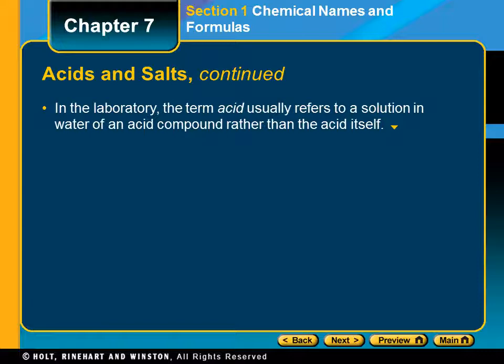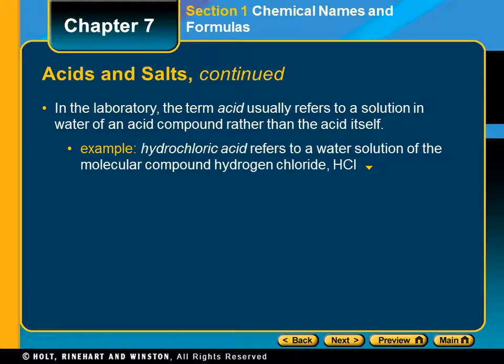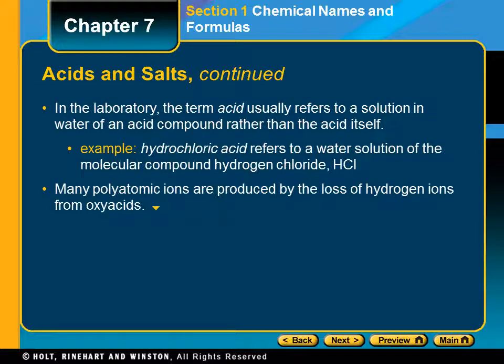When you're in the laboratory, in chemistry we use the term acid to refer to a solution in water of an acid compound rather than the acid itself. Hydrochloric acid refers to a water solution of the molecular compound hydrogen chloride. Polyatomic ions are produced by the loss of hydrogen ions from oxyacids.